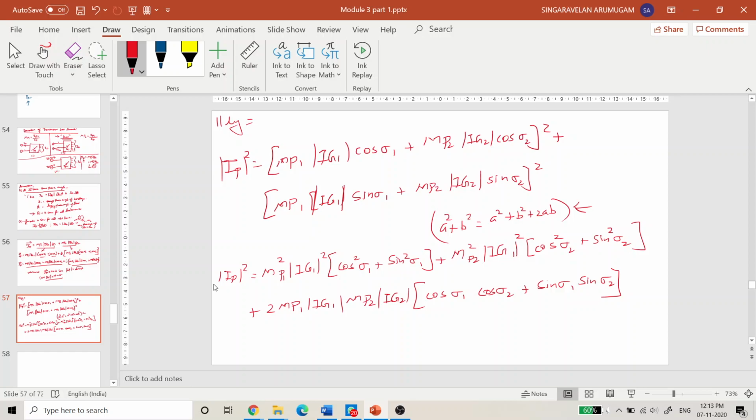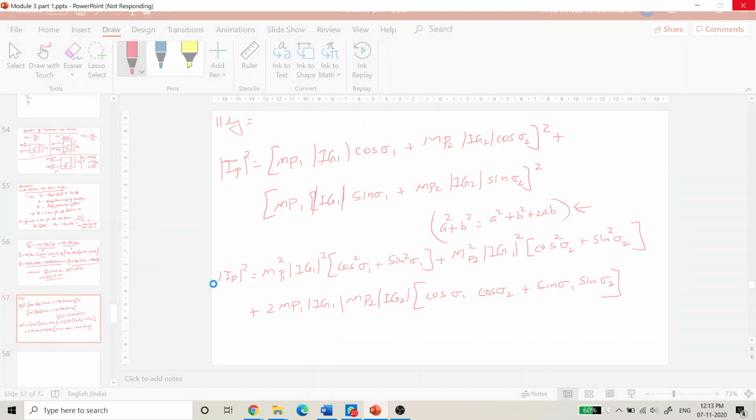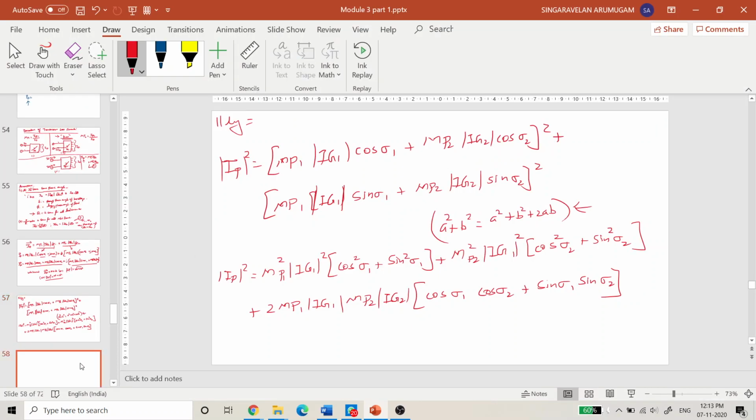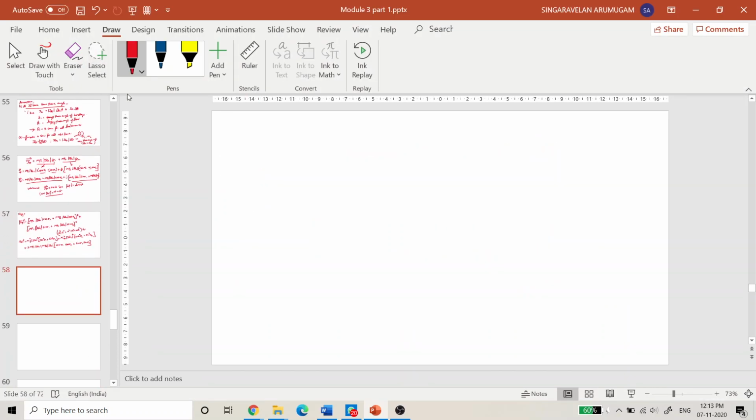Again for further simplification, we know cos square delta plus sin square delta is nothing but 1. It's very simple.